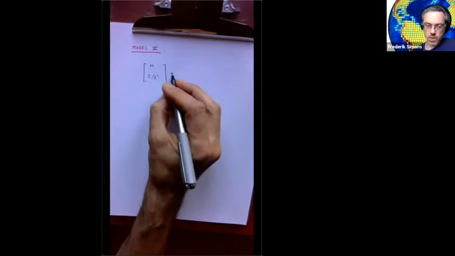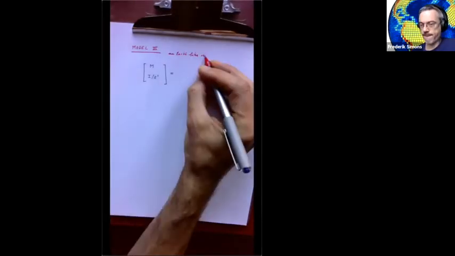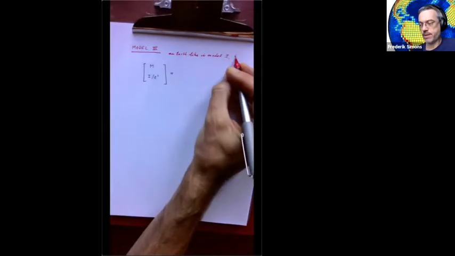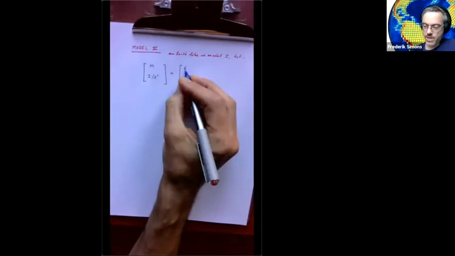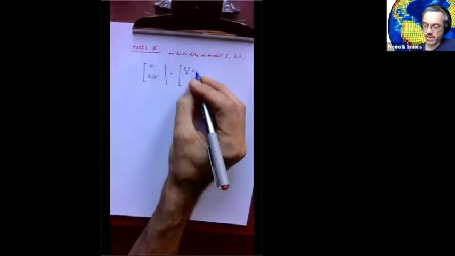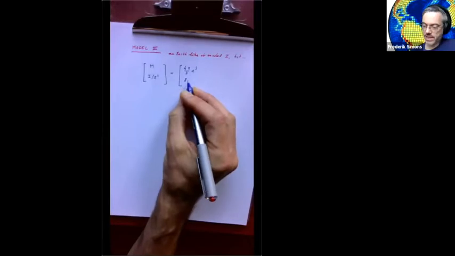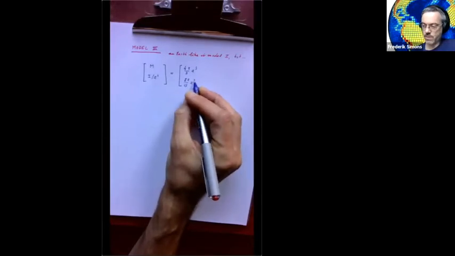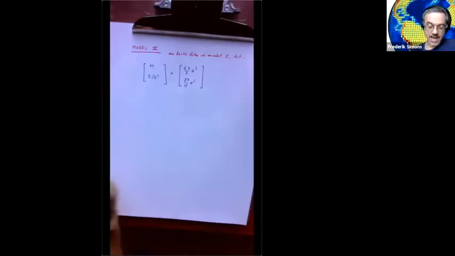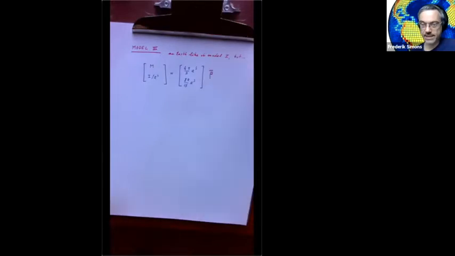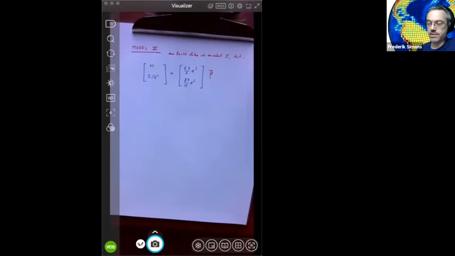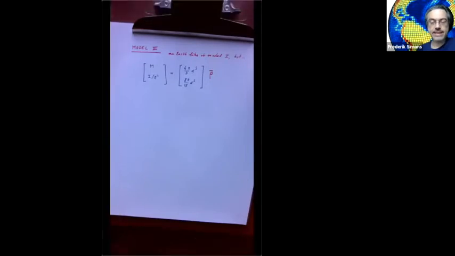I'll still want a single Earth, so an Earth like in Model 1 again, but this time I'm saying, look, whatever it is, I know the mass is 4/3 π a cubed, and I know the reduced moment of inertia is 8/15 π a cubed, and whatever it is, I am just going to want to solve for a single density, not two potentially different densities, but one density that somehow tries to satisfy these data at the same time, okay?